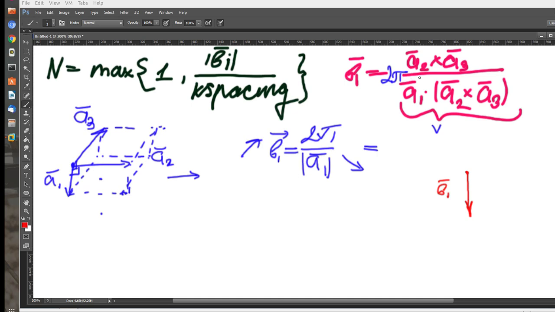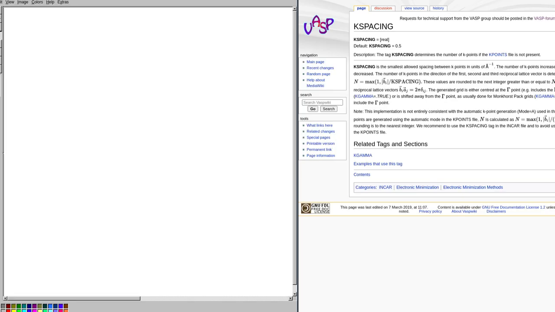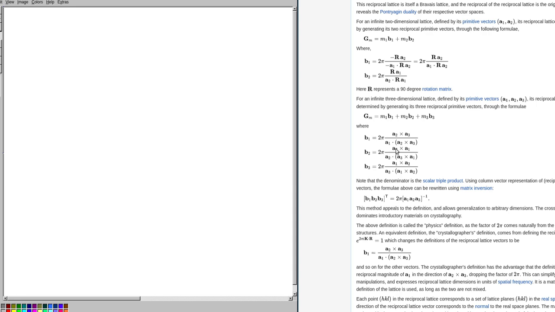In the case of other vectors, we just continue to do such things, and b2 will be equal to 2 pi, and here should be a multiplication of a3 and a1. Well, let's check. Yeah, a3 and a1.